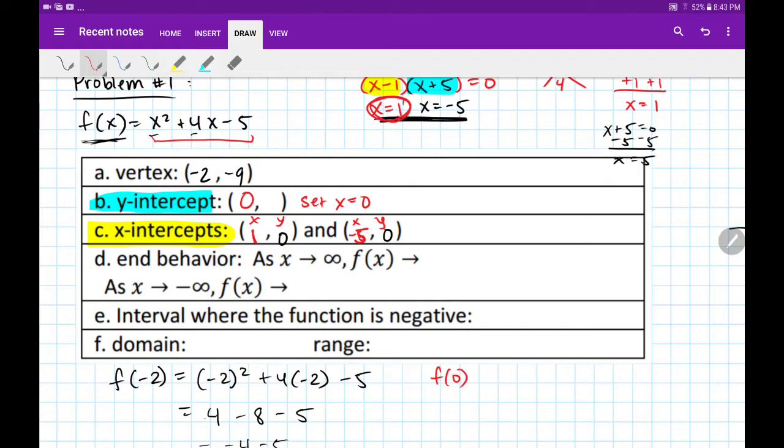So f of 0 equals 0 squared plus 4 times 0 minus 5. Since my first term is 0, that goes away. My second term multiplies to 0, that goes away. And I get f of 0 just equals negative 5. So when x is 0, my y is negative 5.